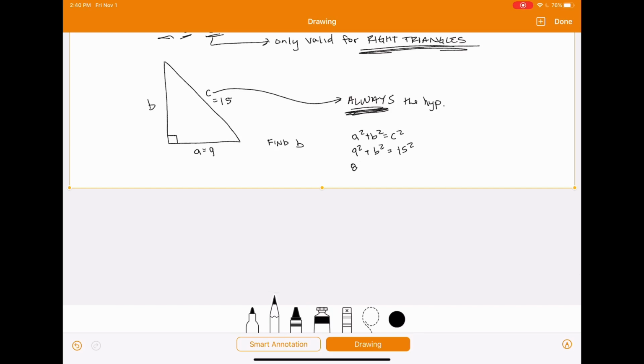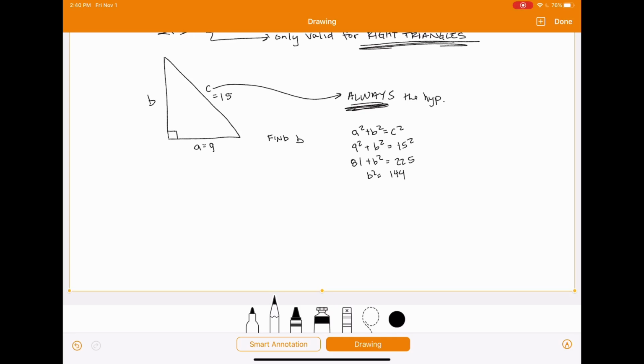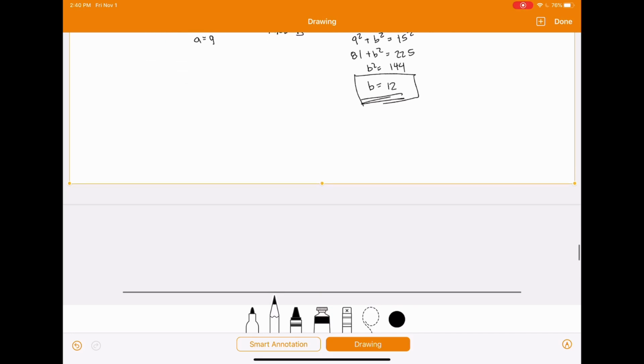So that's going to be 81 plus b squared equals 225. Subtract 81 from both sides to get b squared equals 144, and then take the square root of both sides, and you'll get b equals 12. All right, so that's your answer.